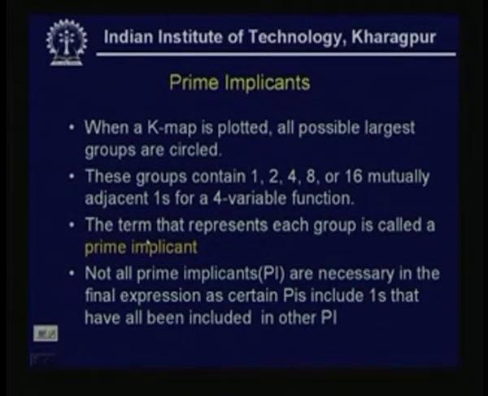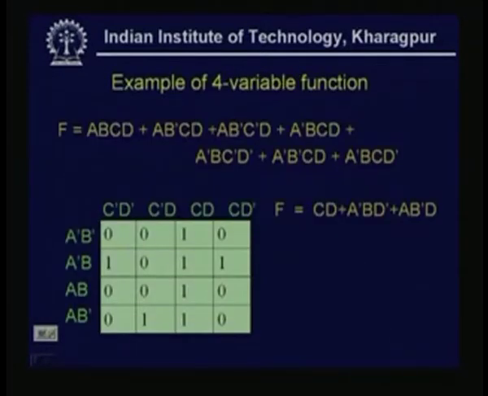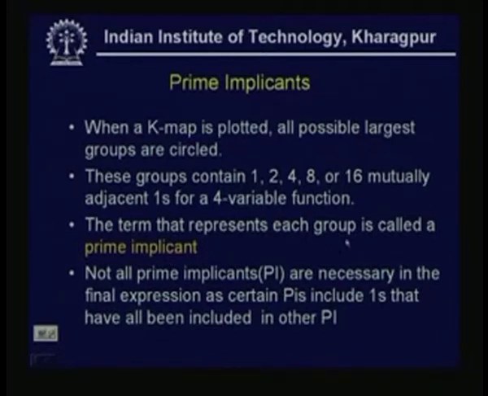So, just now in the example we have seen, these are the prime implicants, because for this quad C D is the reduced min term, then for one couple, A bar B D bar is the reduced min term, and for another couple this is the min term. So, these 3 terms represent each group, 2 couples and 1 quad. So, they are called the prime implicants.